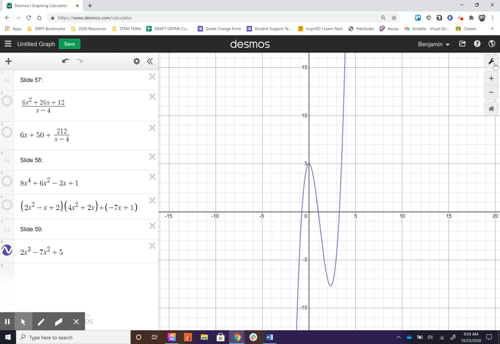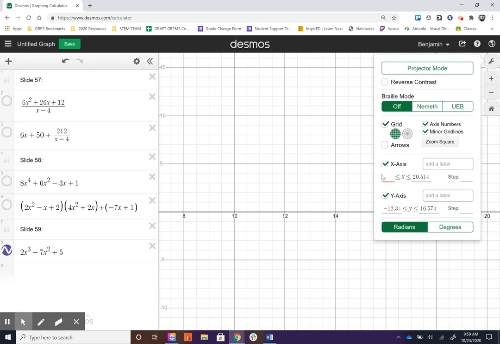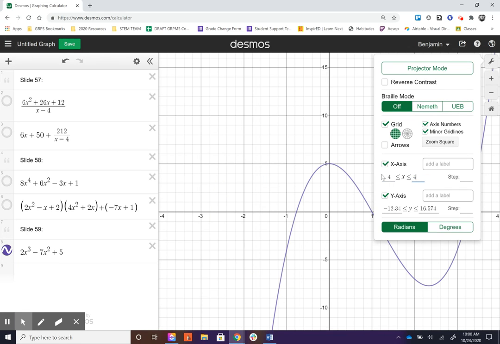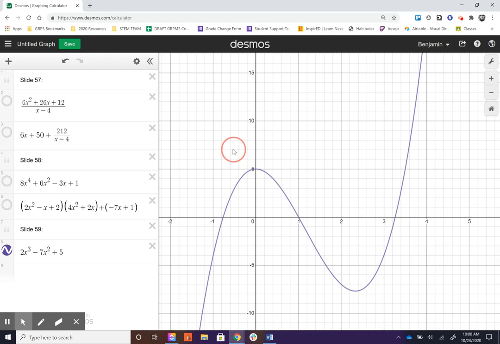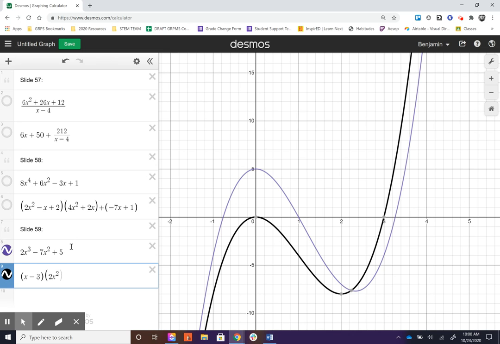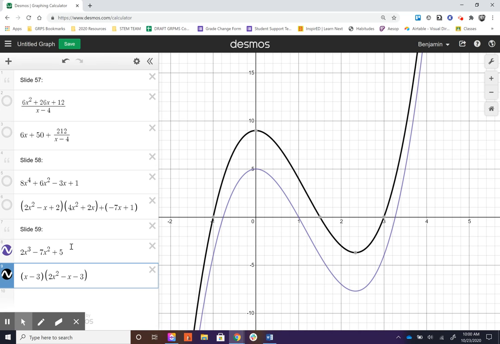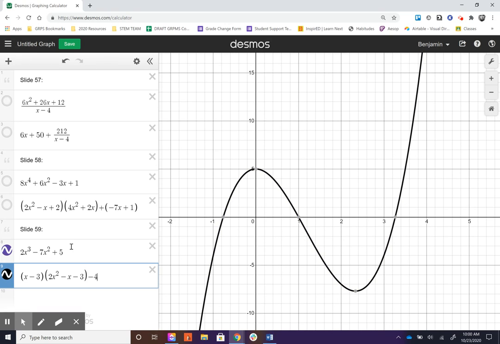All right, that looks like a pretty classic cubic function. So then let's do our divisor times our quotient and minus 4. Sweet.